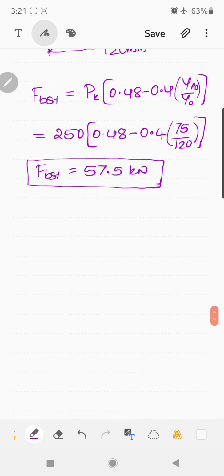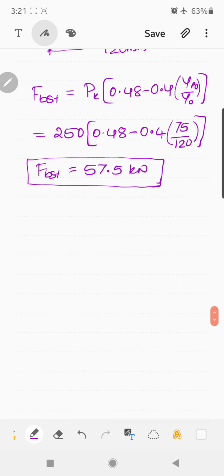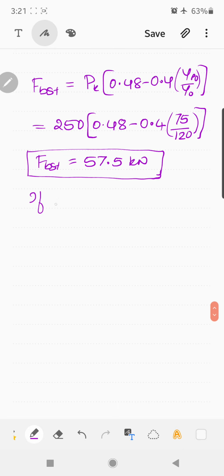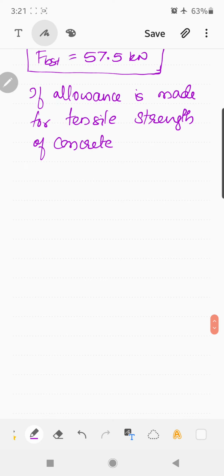Now suppose further in the same problem it is asked to consider the allowance for the tensile strength of concrete. That means you are considering the tensile strength of concrete, so your FBST will be reduced. You require FCK, which is not given in this problem, so let FCK be 40 Newton per mm square, suppose it is M40 grade concrete.